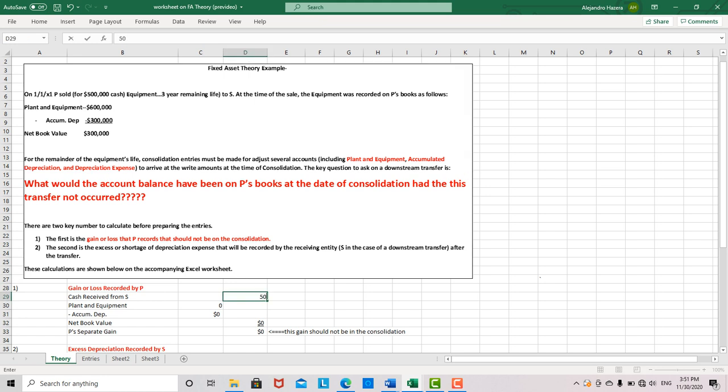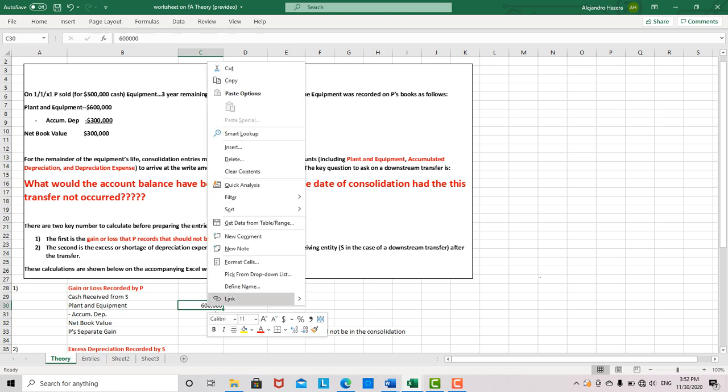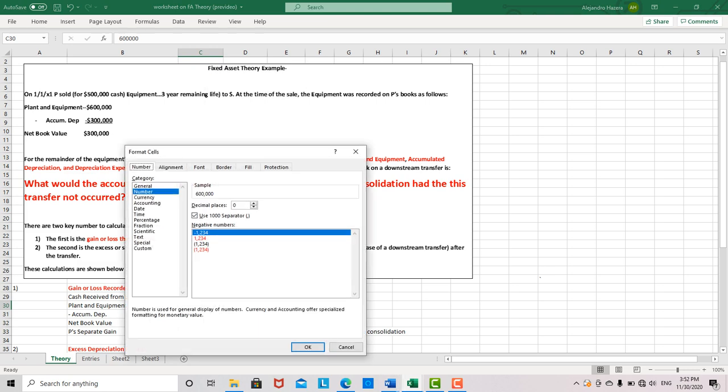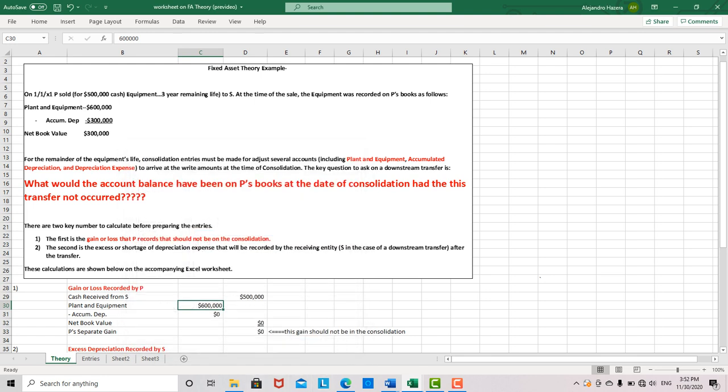Okay, so here's how the calculation goes, and these are pretty easy calculations. The cash received by P from S on the intercompany transfer is $500,000. The equipment itself had an original amount on the books of $600,000, less accumulated depreciation of $300,000.